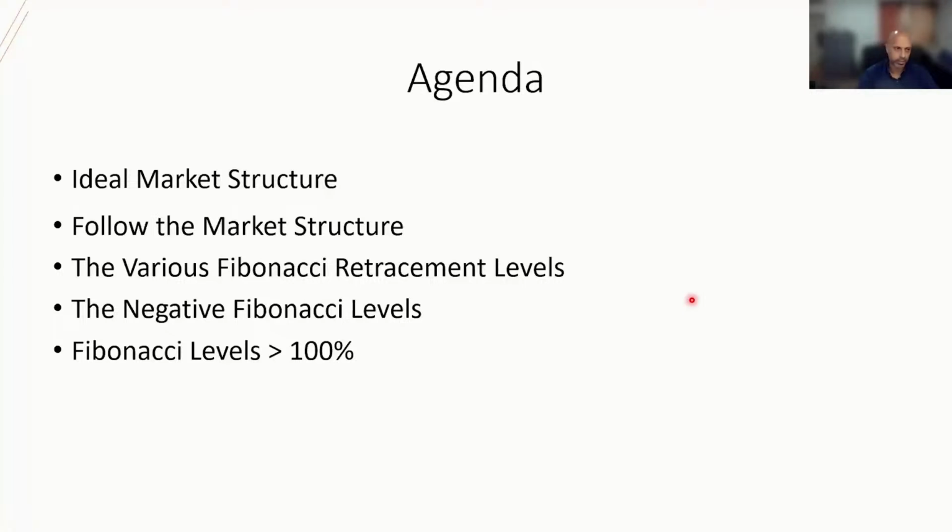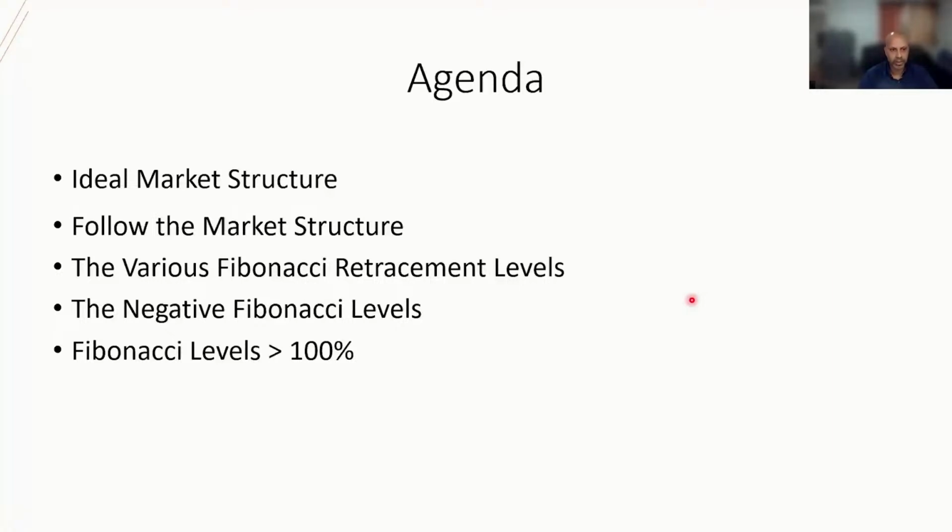So that's the basics. We are going to identify what an ideal market structure is, what type of price structure in reality mimics it, and how to follow that and draw the Fibonacci retracement from the starting point to the end point.